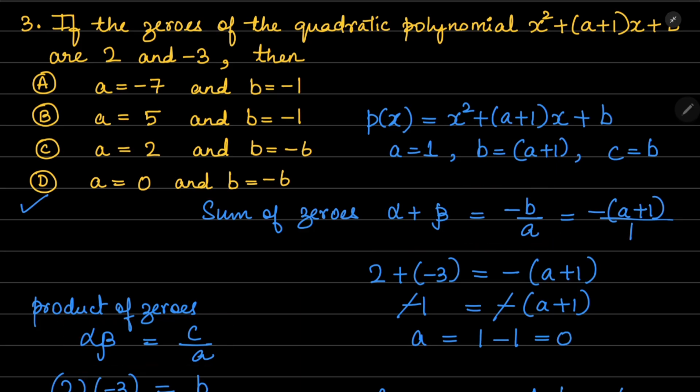If these two formulas you know, you can do a lot of things with respect to finding the quadratic polynomial, or finding the zeros, or finding any unknowns like k, which are a part of the polynomial. You can do n number of things if you know zeros, or if you know the sum of zeros.